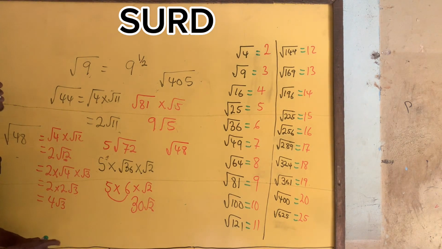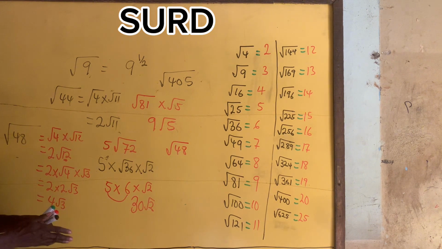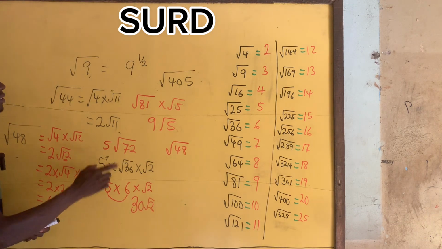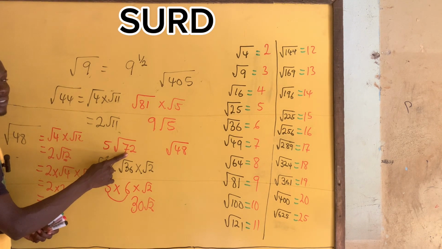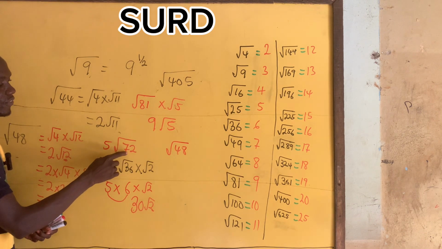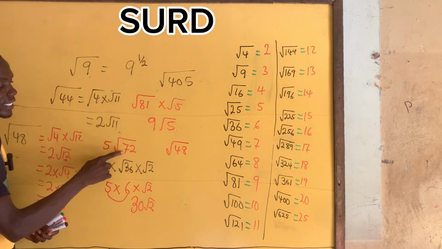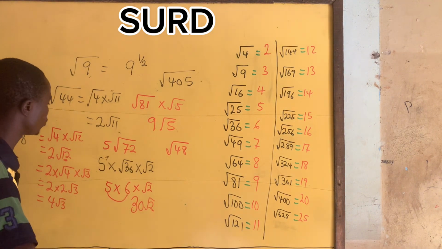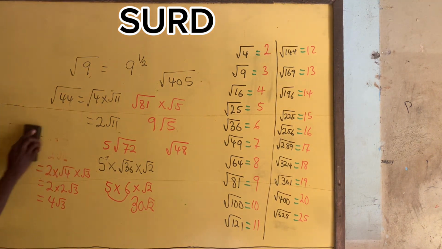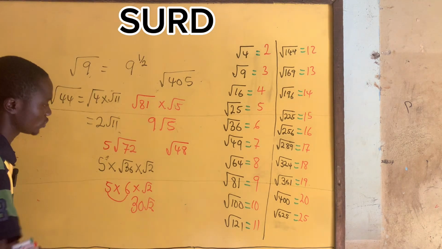For instance, if I multiply 4 by 9, it's 36, right? So 36 times 2 gives 72. Have you seen? Now this 72 is also 9 times 8. Let us go through that way too and see.